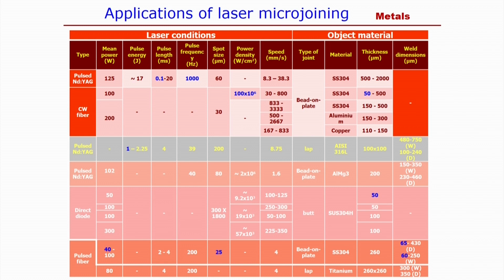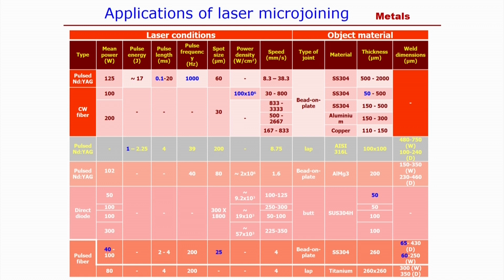So, if you observe the joining of metals using the pulse laser welding process, from the pulse length we can find that in most cases we use millisecond pulses for microjoining processes specific to metallic materials.